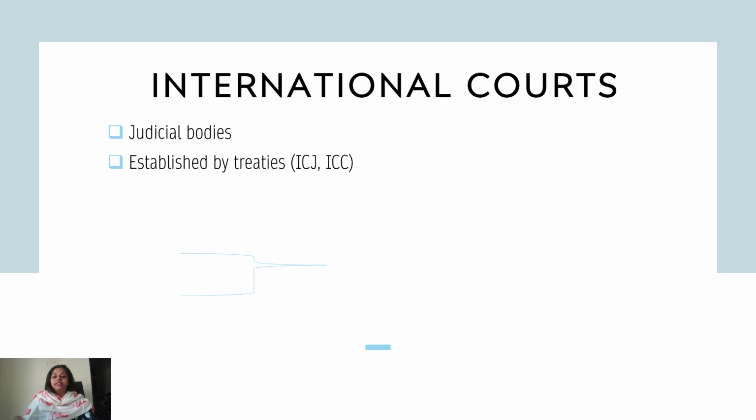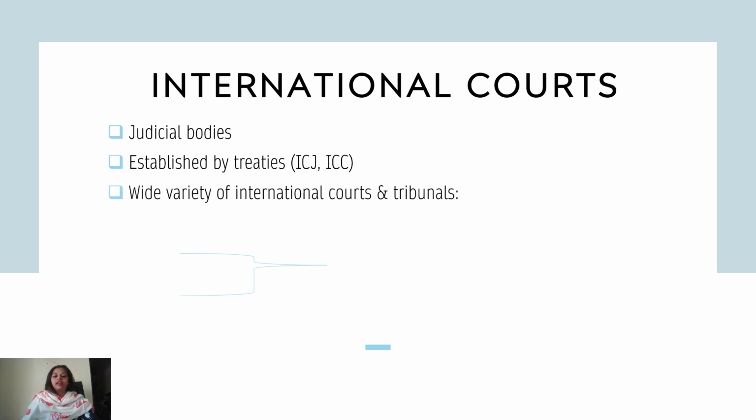As another example, the International Criminal Court was established by the Rome Statute. So the Rome Statute for the International Criminal Court, and the UN Charter plus the Statute of the International Court of Justice for the ICJ, are the treaties that established the ICC and the ICJ respectively.